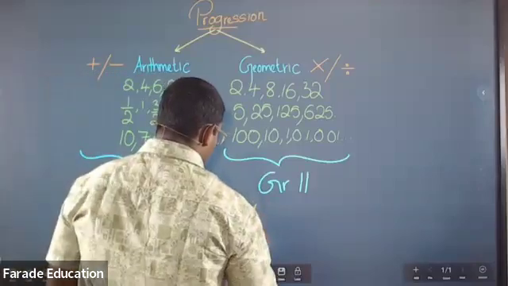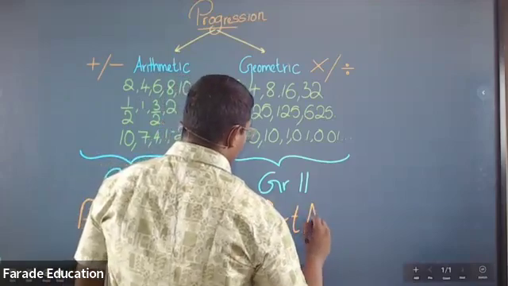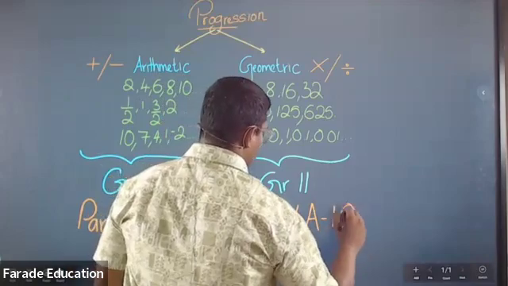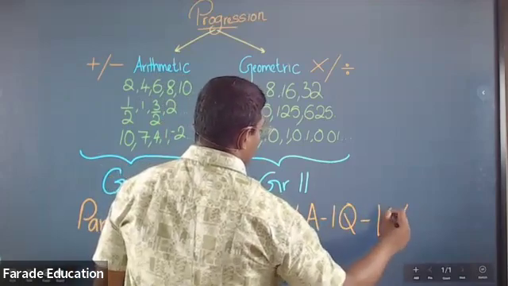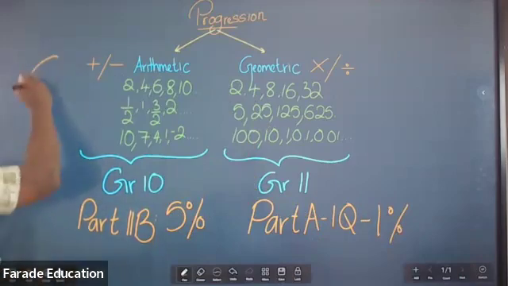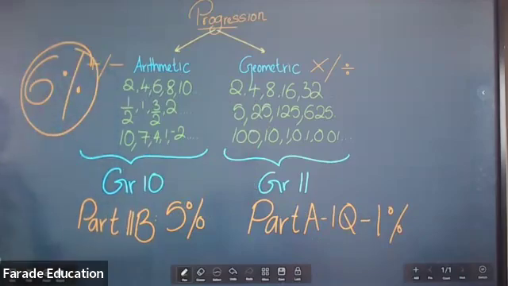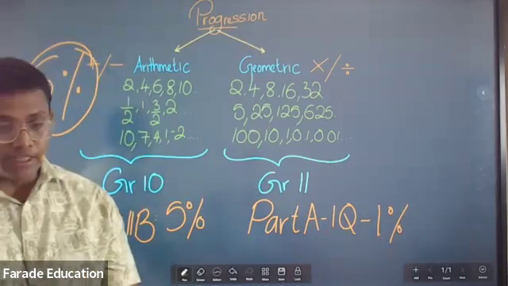The geometric progression that you study in grade 11 will give you one question, which is 1 mark out of 100. So this entire section has a total of 6 marks out of 100 in your paper.